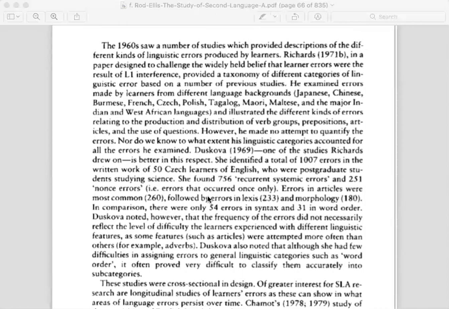So related to a longitudinal study, we have an example here.